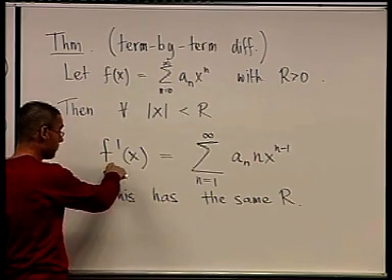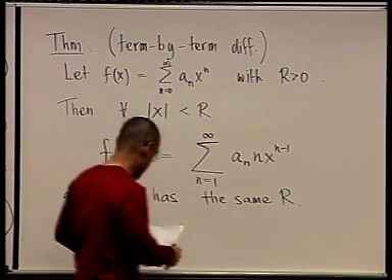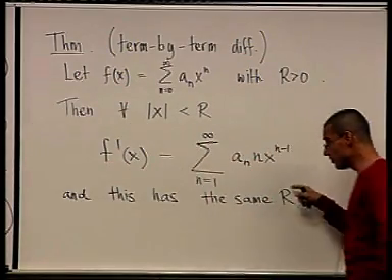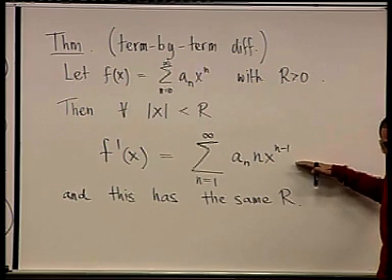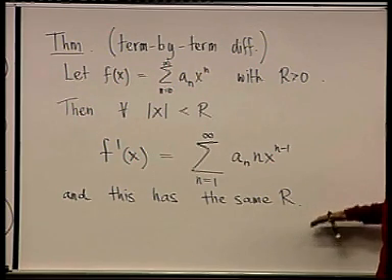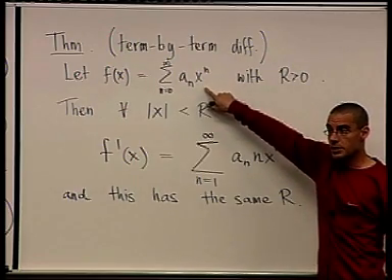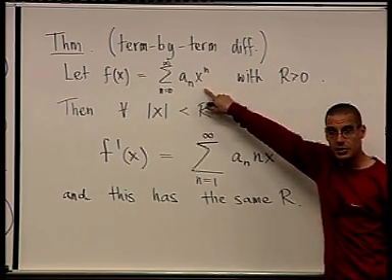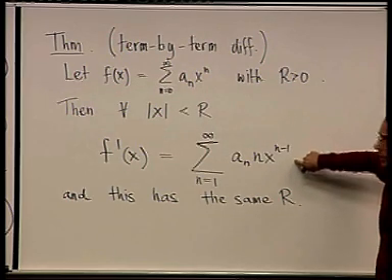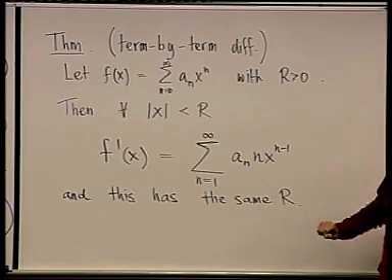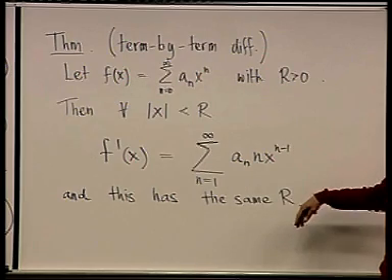I'm not going to prove it, but you could lose convergence at the endpoints. It could happen that the original series converges at, let's say, minus r, and the series corresponding to f prime does not. Okay, so that's just a remark.